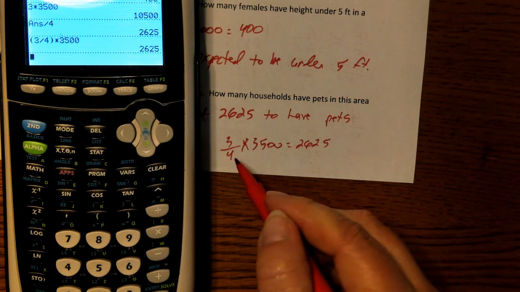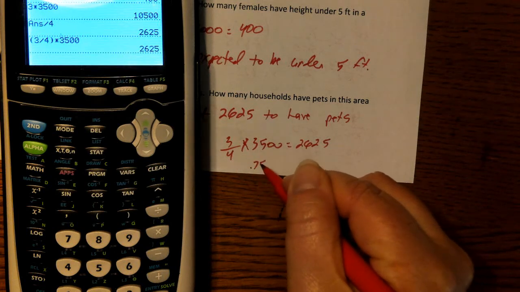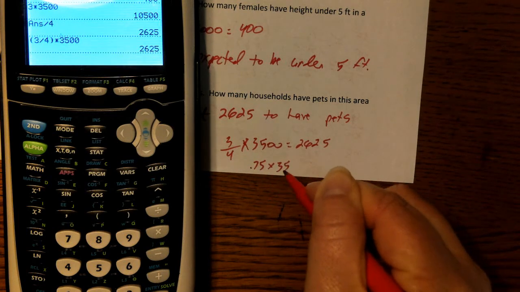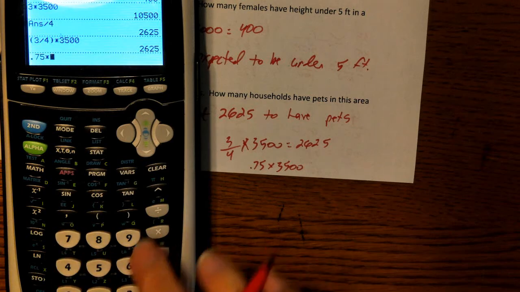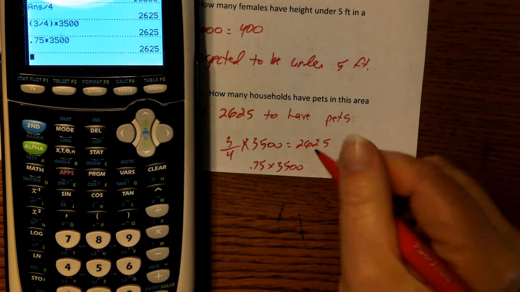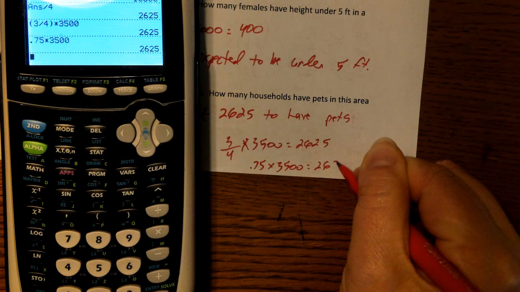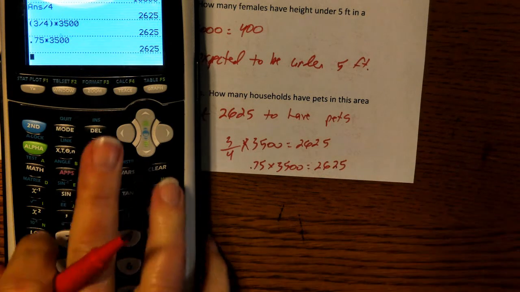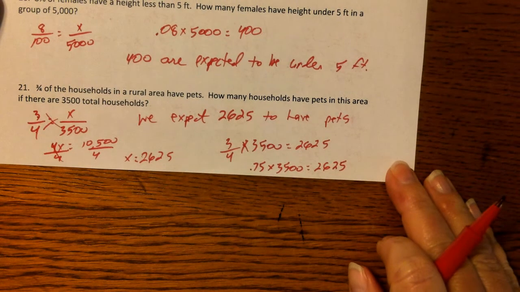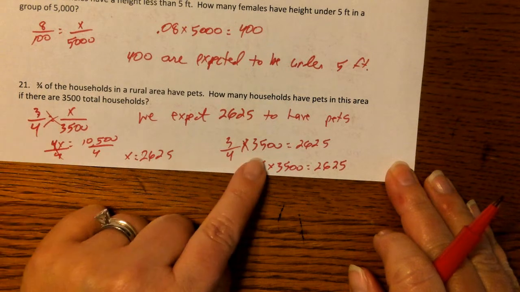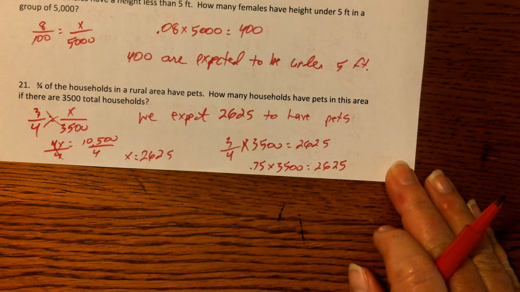Okay, if you'd rather use it as a decimal, 3/4 is 0.75. So you could multiply 0.75 times 3,500, and you're going to get the same answer. So there's different ways to think about it, but I think multiplying either the proportion or the decimal or fraction, either way is the same thing.